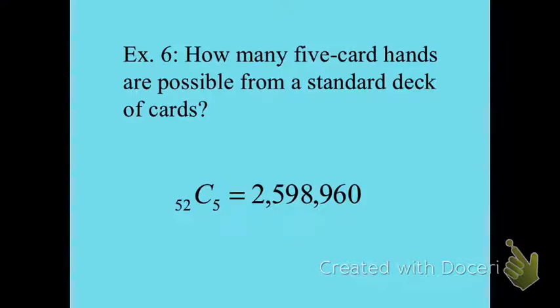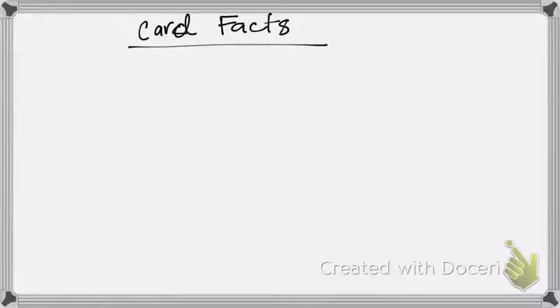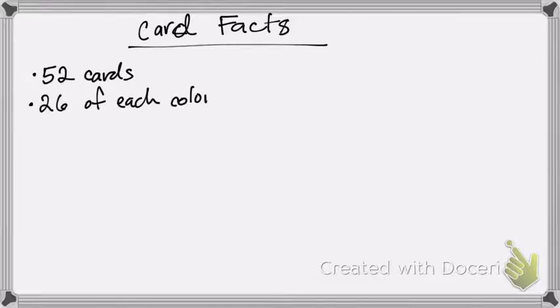Okay, that brings me to my next point. At the bottom of this page, we are going to go over some card facts, because the AP test assumes that you know all about cards. So, card facts: you've got 52 cards. You have 26 of each color, black and red.